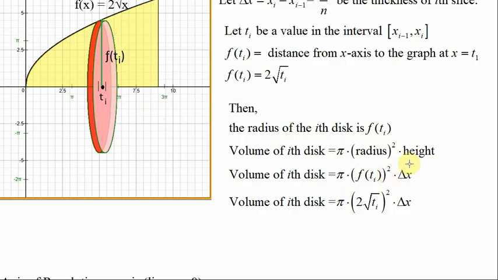The height of this cylinder is also the thickness of this disc, which we denote as delta x. So the volume of the ith disc will be pi times 2 times the square root of t sub i, squared, times delta x.